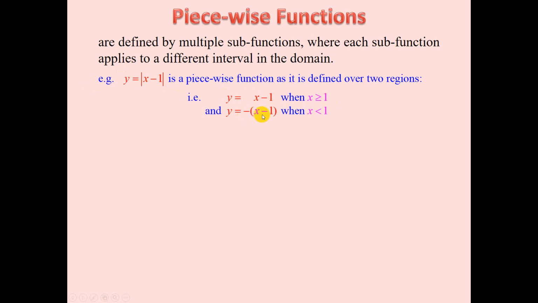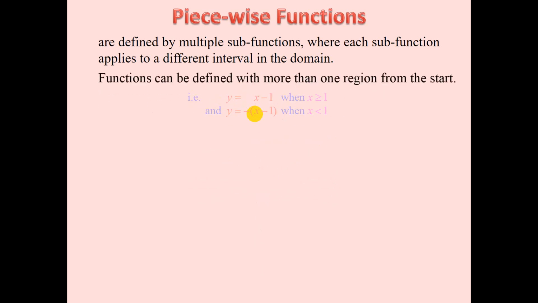And it's the negative of x minus 1 when x is less than 1, where we're changing the sign as the absolute value does. And there's the graph. You're used to doing that.